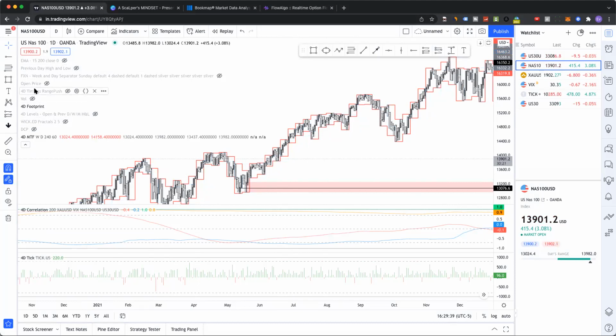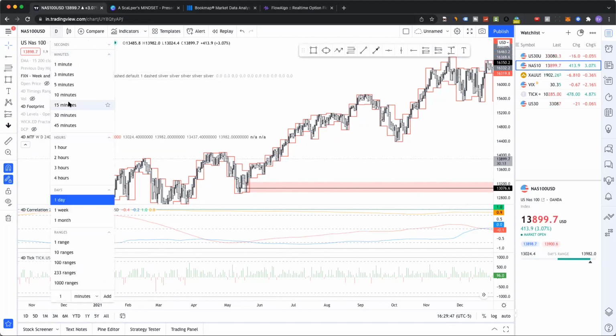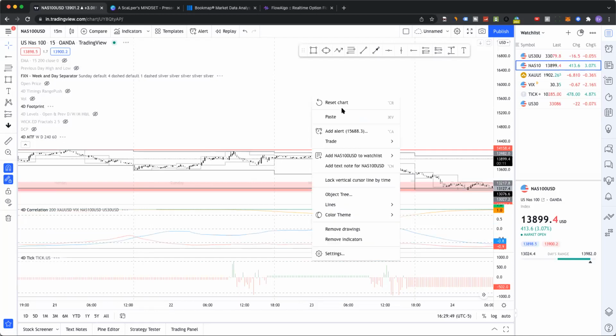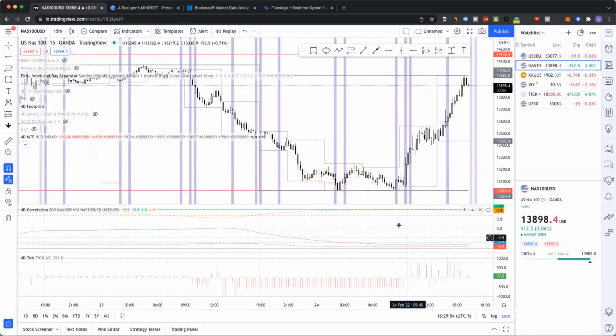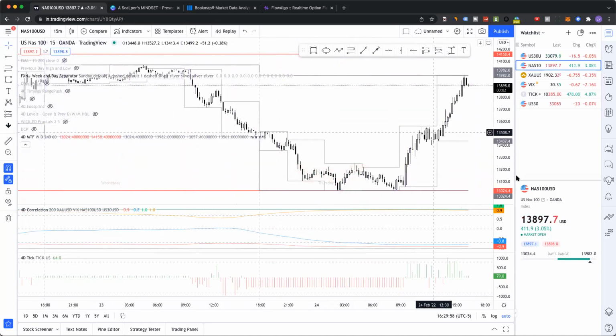Okay, you're going to need the FXCN week and day separator. I like to use this because when we're going on to a 15-minute chart, it's easier for me to depict. Let me remove this. Okay, it looks messy right now, but I promise you it'll all make sense eventually.